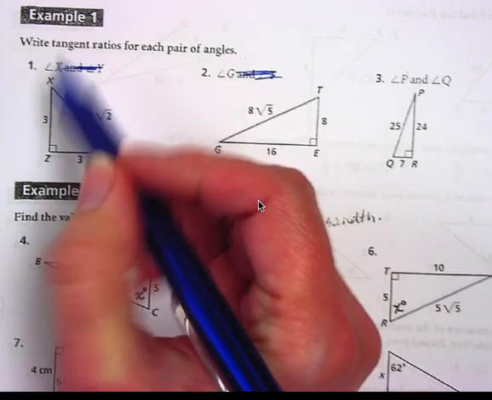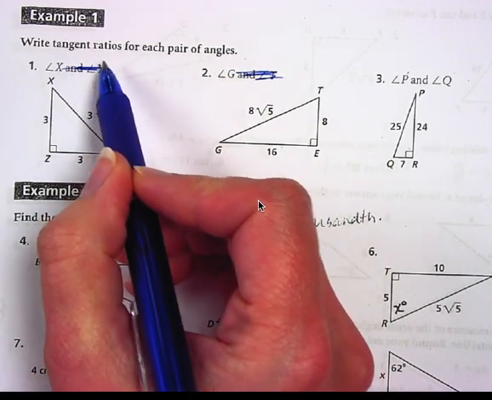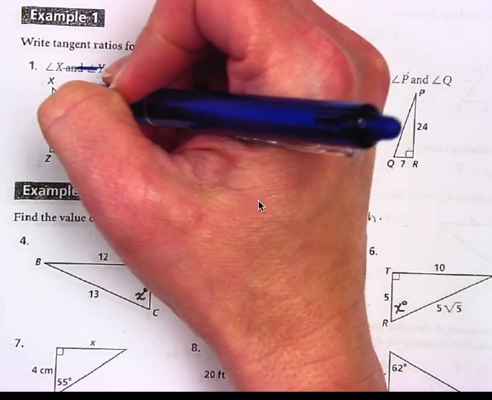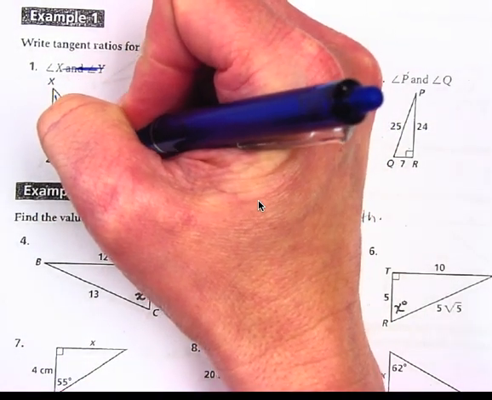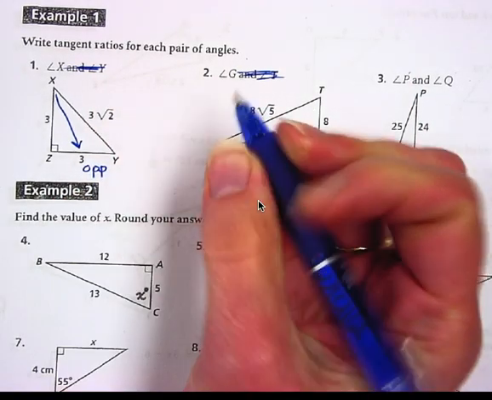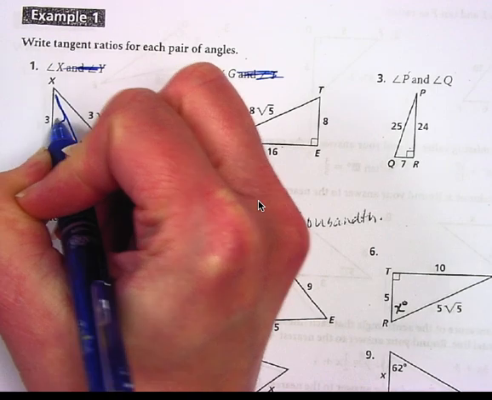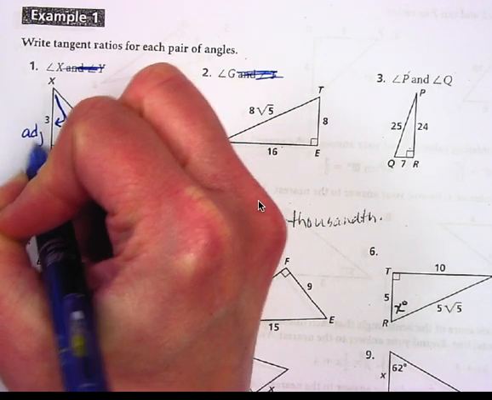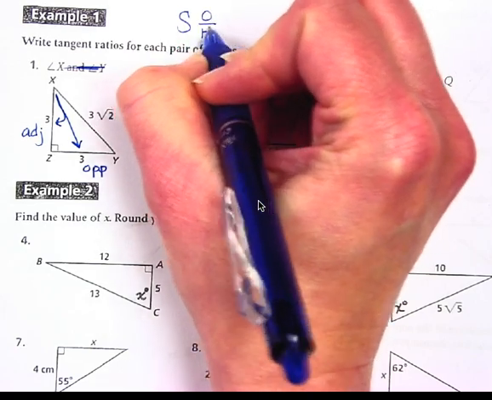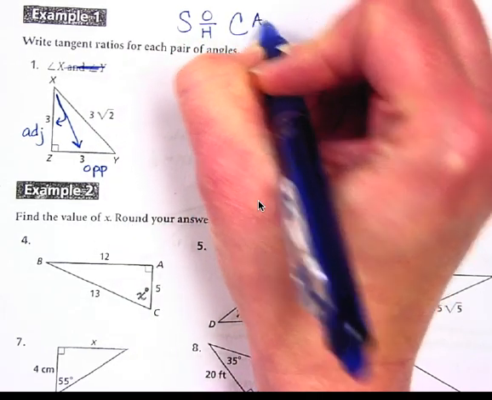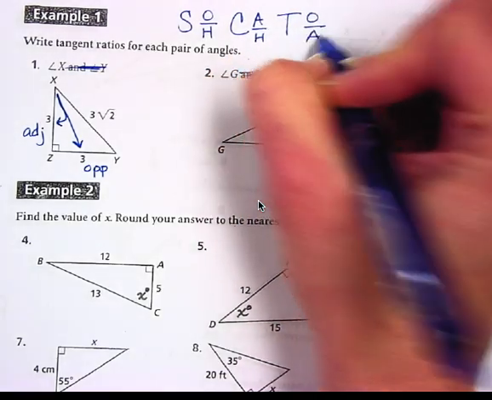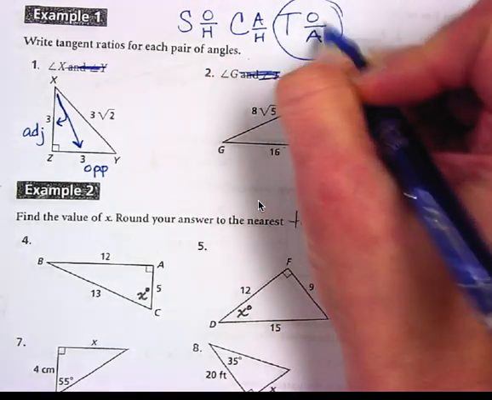Okay, so we want to know tangent, or the tangent ratio of each angle, tangent of x. So from x, this side is the opposite, and this side is the adjacent. Now remember, this is SOHCAHTOA, and because I'm looking at tangent, I'm concerned about opposite and adjacent.